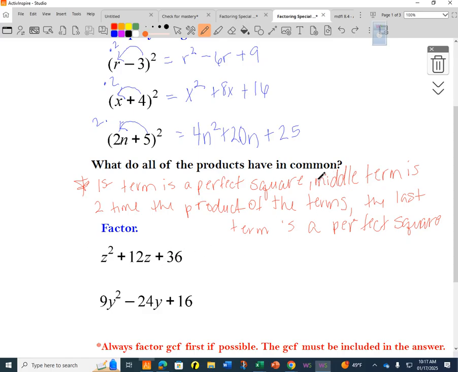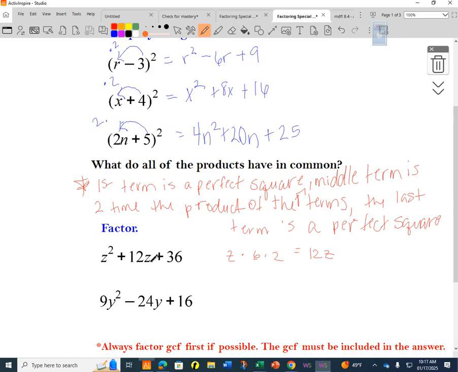So the middle term is 2 times the product of the square roots of the terms, right? So the square root of z squared is what? Z. The square root of 36 is what? 6. So if we multiply that by 2, we have 12z, right?